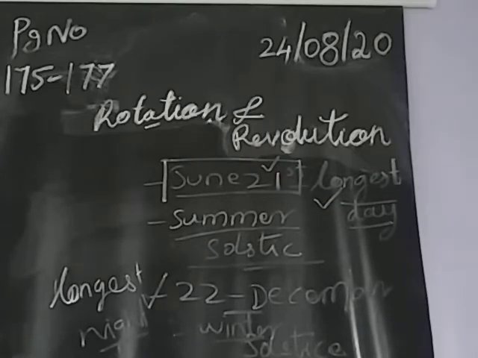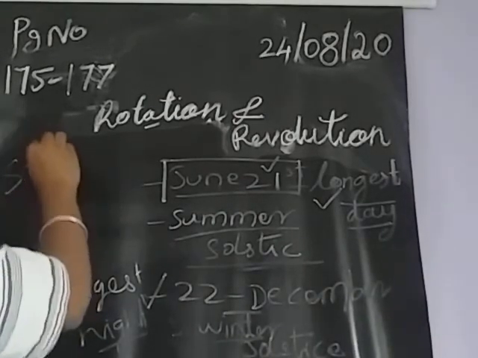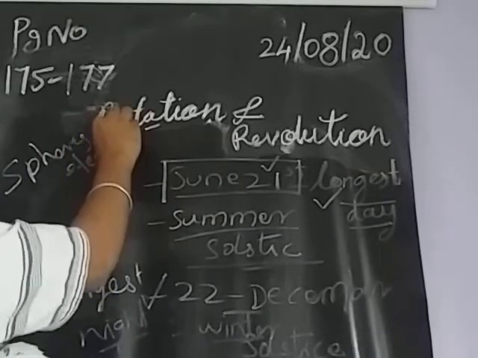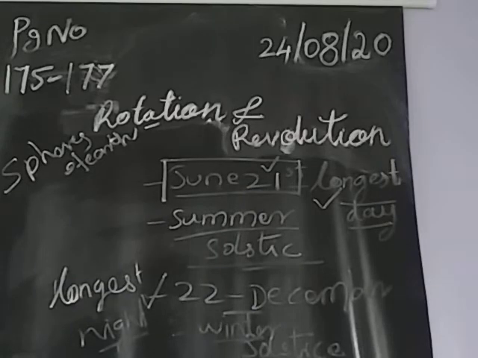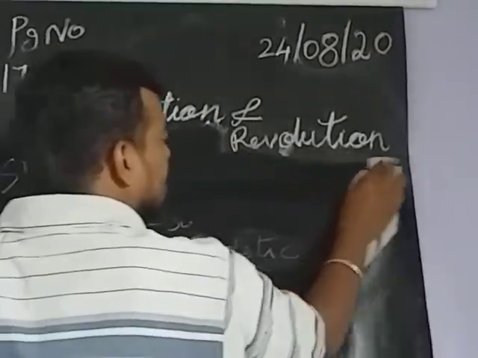Next we are going to talk about the spheres of the earth. What are the spheres of the earth? Atmosphere, biosphere, hydrosphere, lithosphere. Lithosphere belongs to land.